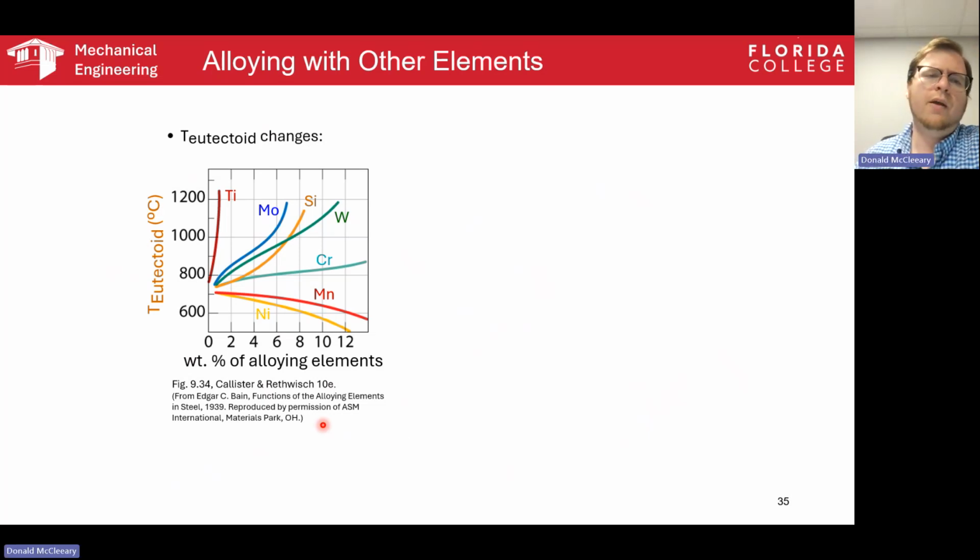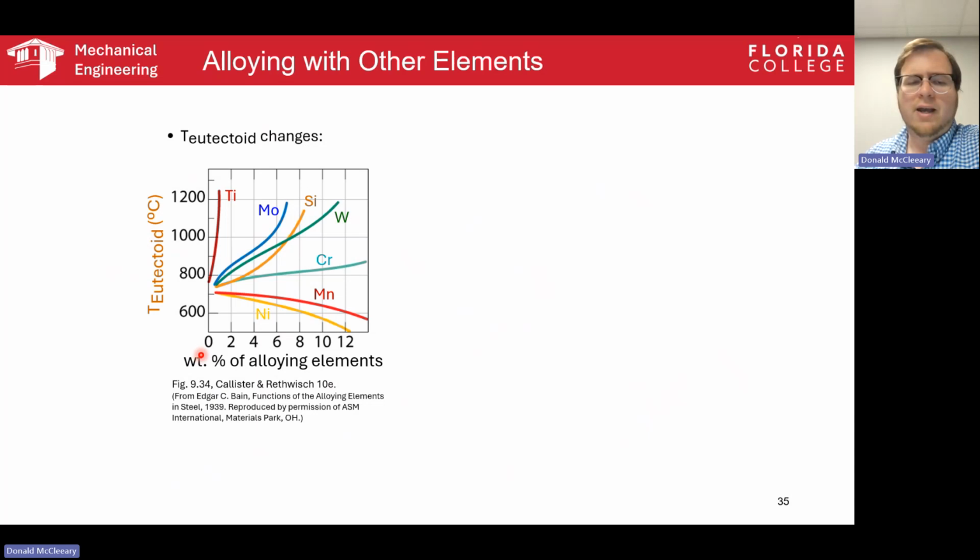Okay, so the eutectoid temperature changes with the weight percent of alloying elements. So once you start adding a bunch of different things to your steel, then your eutectoid will actually begin to change temperature.